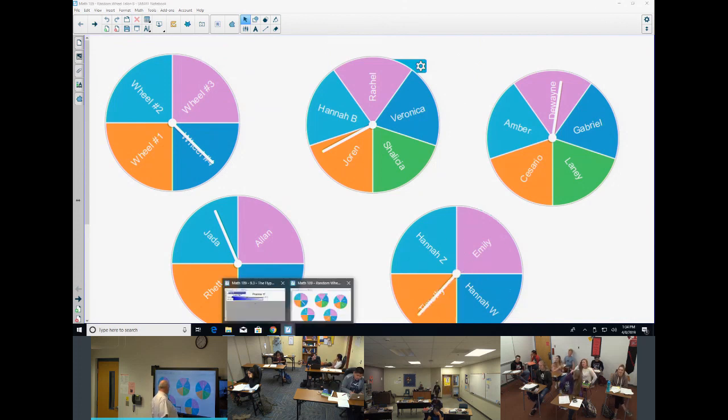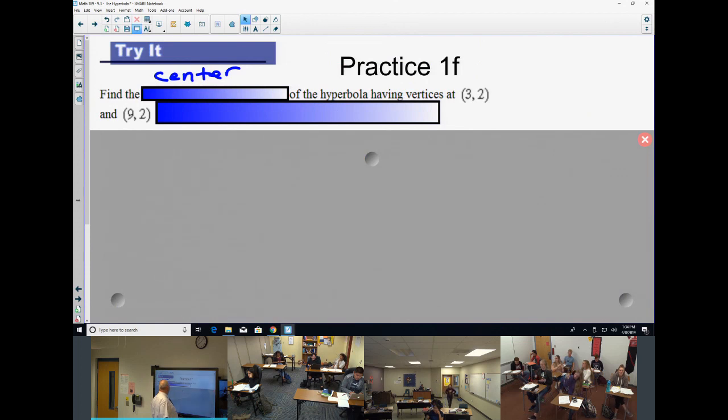All right, Timmy, what do you have? The center is 6, 2. And is this hyperbola going to open horizontally or vertically? Horizontally. Yep, very good. Any questions?